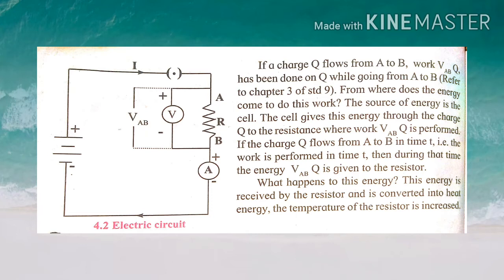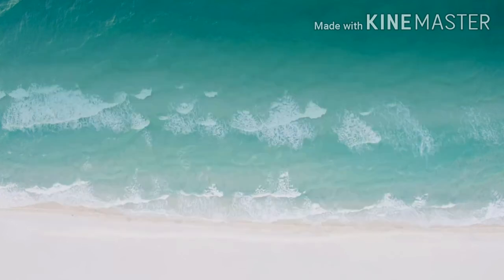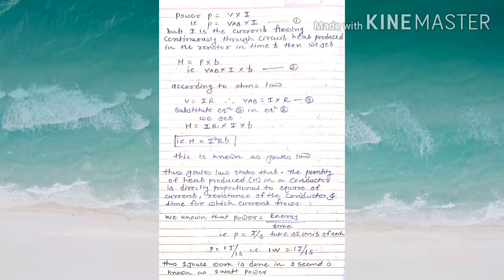This energy is received by the resistor and is converted into heat energy. Then the temperature of the resistor is increased. But we know that power P is equal to V into I, that is P is equal to VAB into I, gives equation number 1. But I is the current flowing continuously through a circuit.